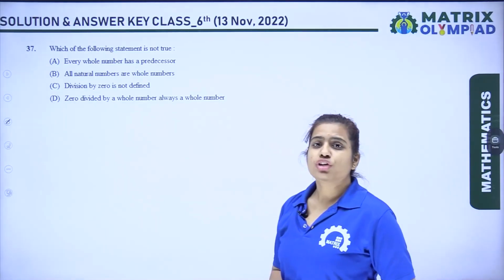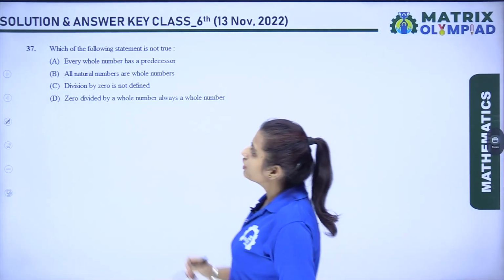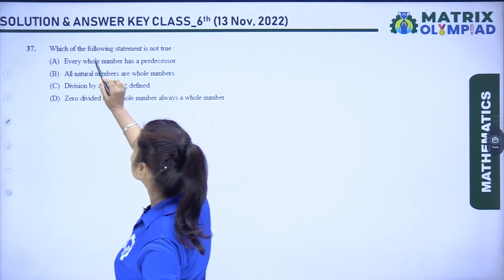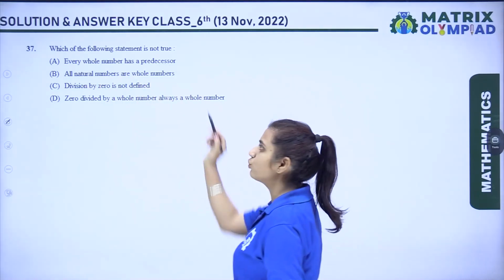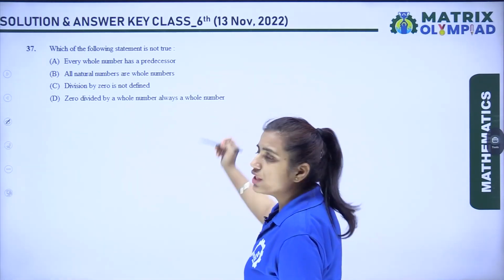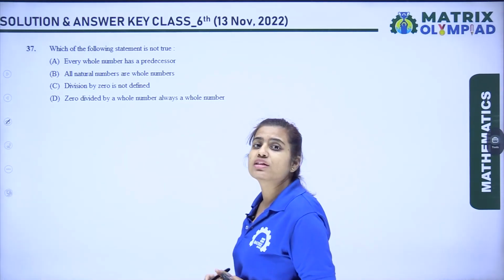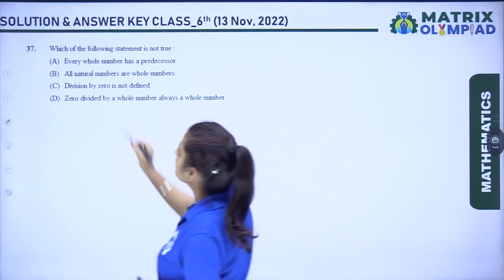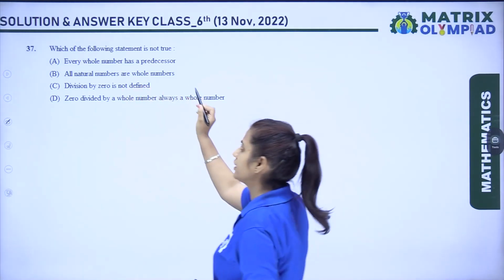Now the next question is question number 37. Here question 37 says: which of the following statements is not true. So out of these 4 statements, we have to find out which statement is not true. The first statement is every whole number has a predecessor.